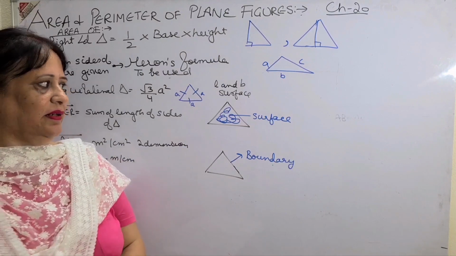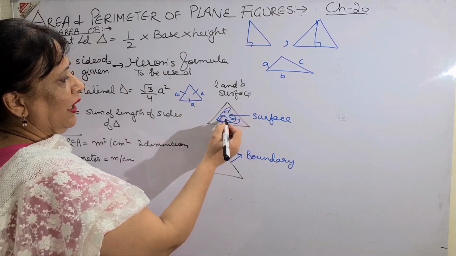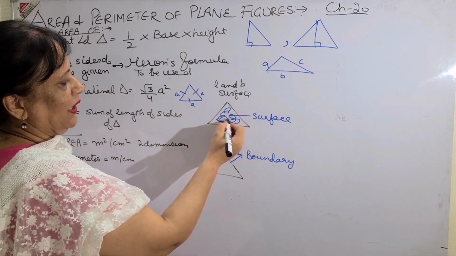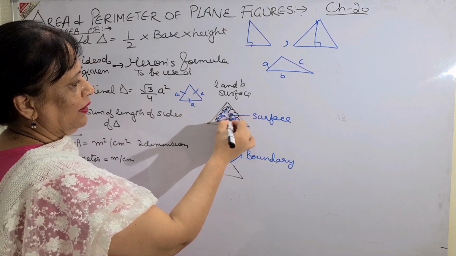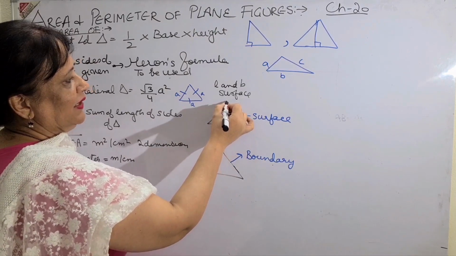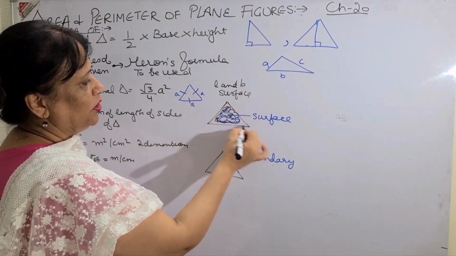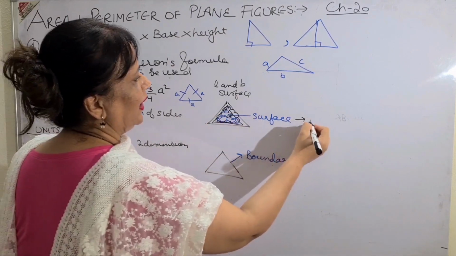See what is area. I have made one figure of a triangle, suppose, and I marked something inside the figure with blue lines. This is said to be surface, and it is enclosed by some boundary. When the surface is enclosed by the boundary, this surface is said to be area.